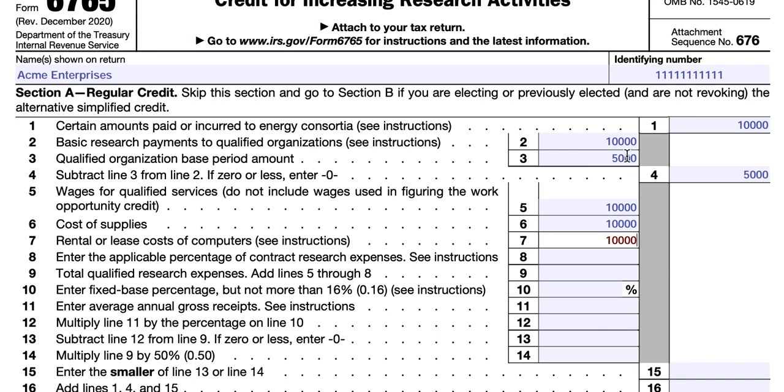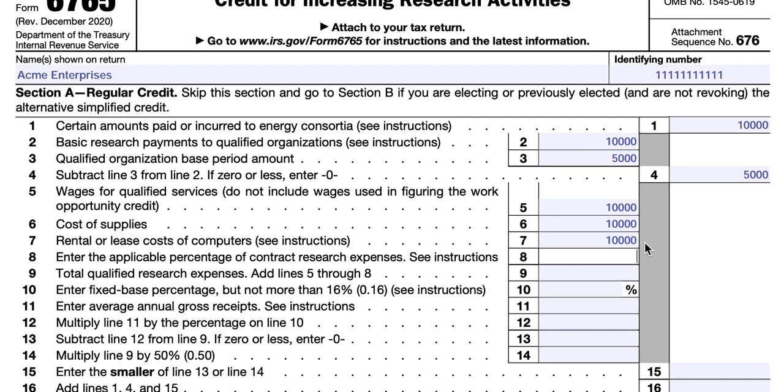Okay? So 75% of amounts for qualified research by a qualified research consortium. And that also includes 75% of the payments that were included as basic research, not to exceed the base period. And finally, you can claim up to 65% of amounts that you paid for all other qualified research by any other person.